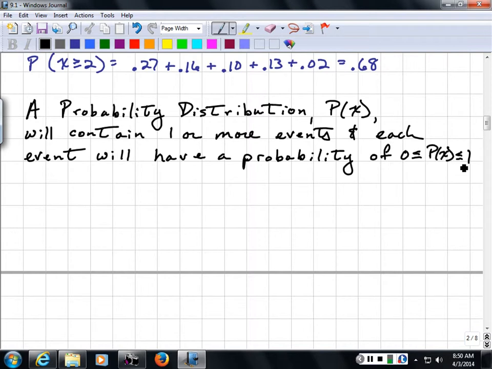In other words, the probability of the event can be no less than 0 and no greater than 1. It must be between 0 and 1 inclusive.